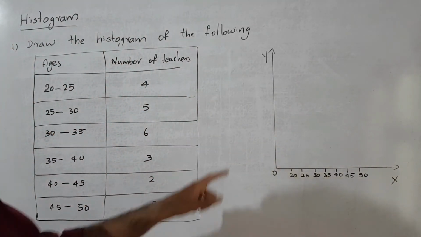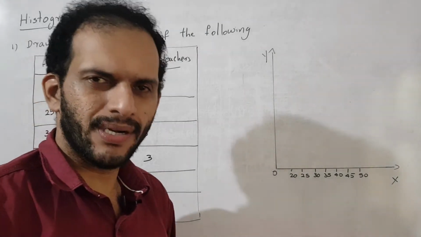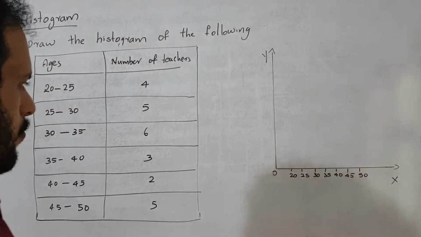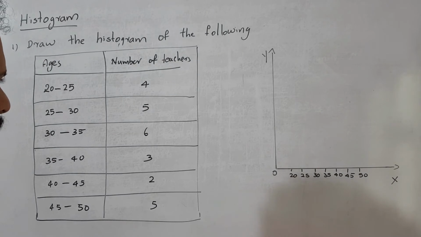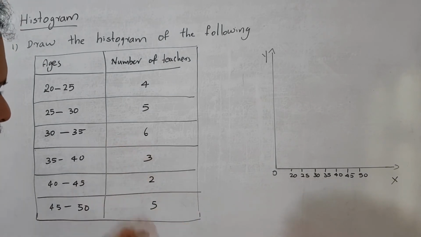Here we need to take the frequency. For that we need to take the unit distance. First we find out which is the least number. The least number is 2 and the highest number is 6.